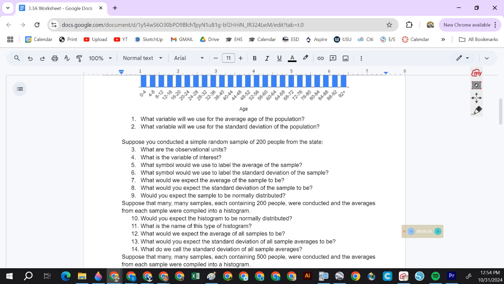So, if we do our work correctly, our sample should look just like the population, just with fewer people. Does that make sense? Okay. So, number 9, would we expect the sample to be normally distributed?